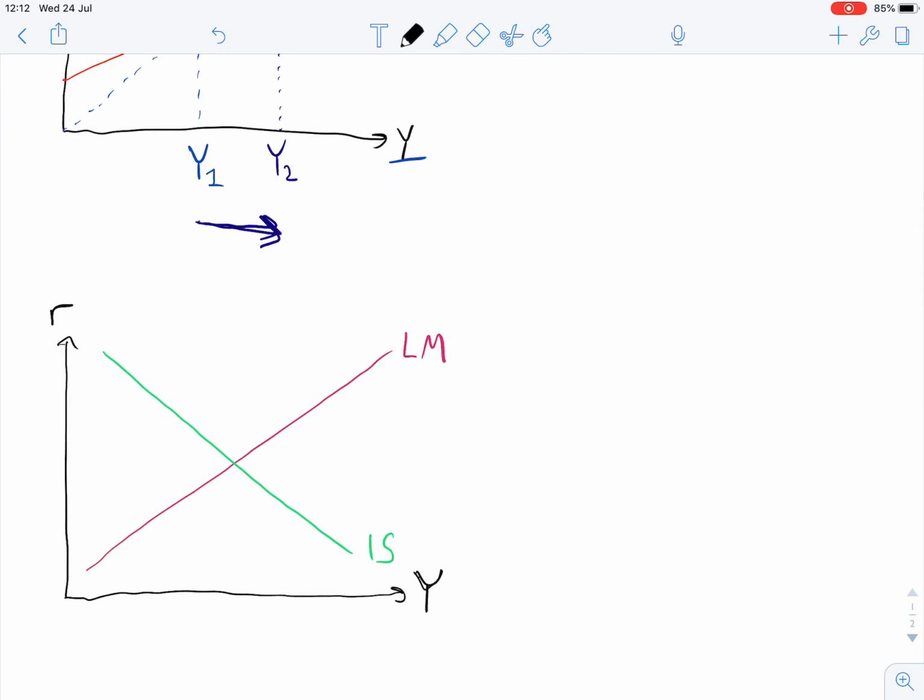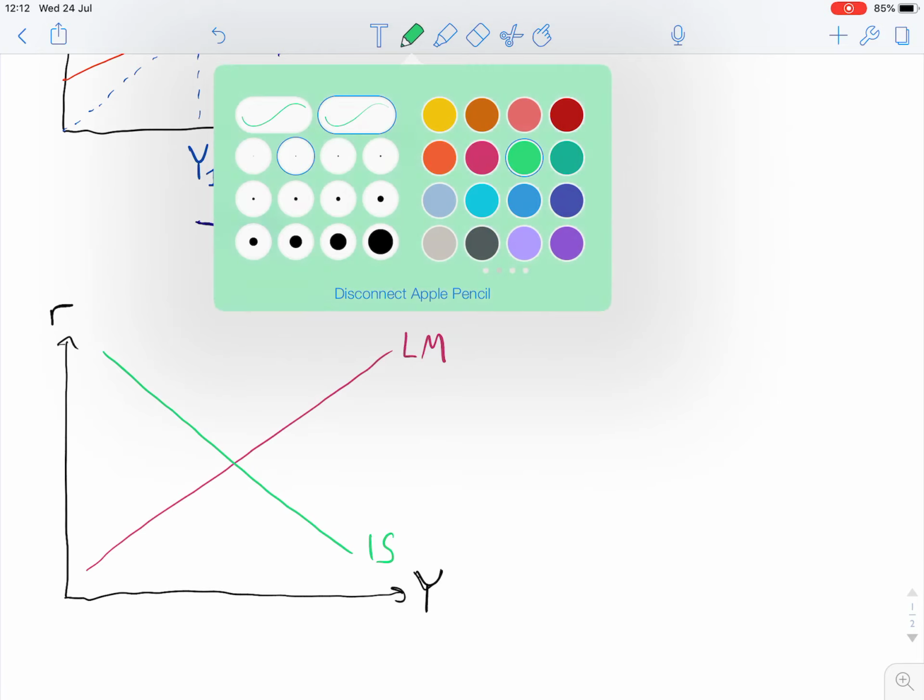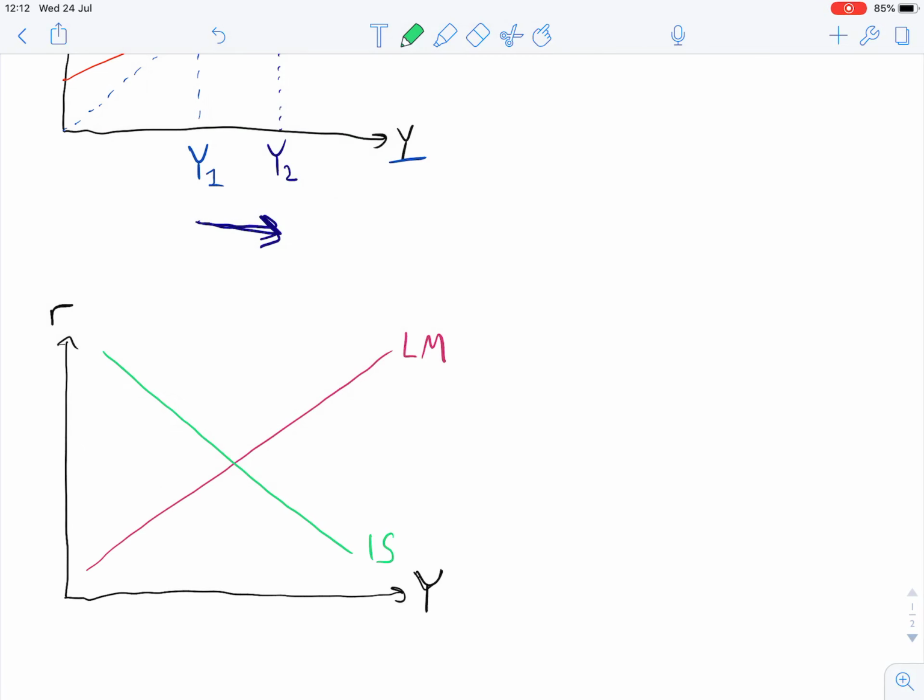So that's going to be represented as a shift in the IS curve. For any given level of R, we now have a higher level of Y. So we have a rightward shift in the IS curve.